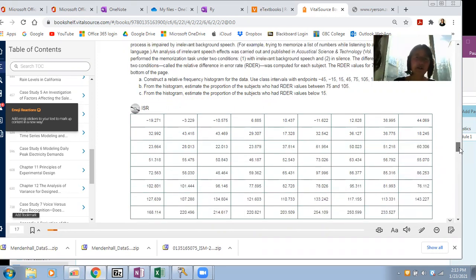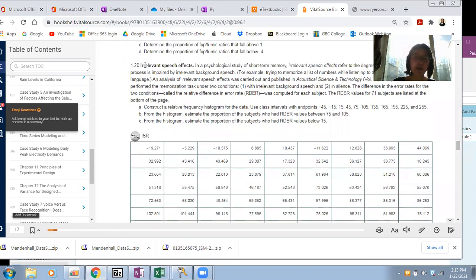So this question 1.20. So what is this question about? Irrelevant speech effects in a psychological study of short-term memory.